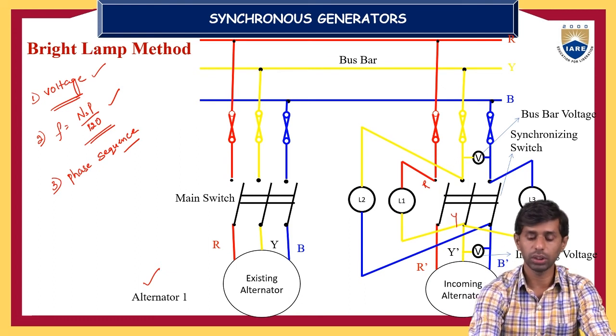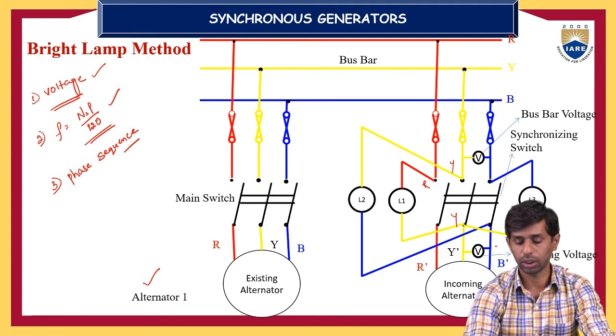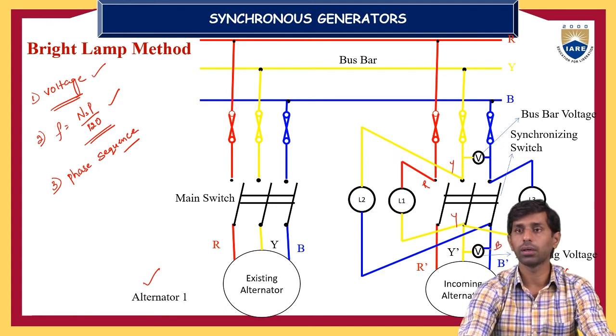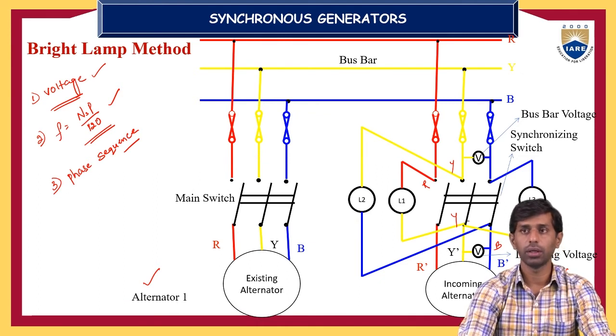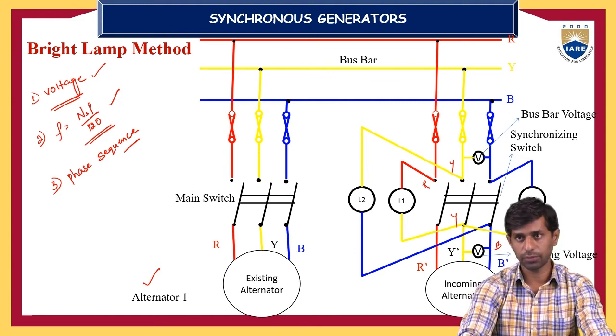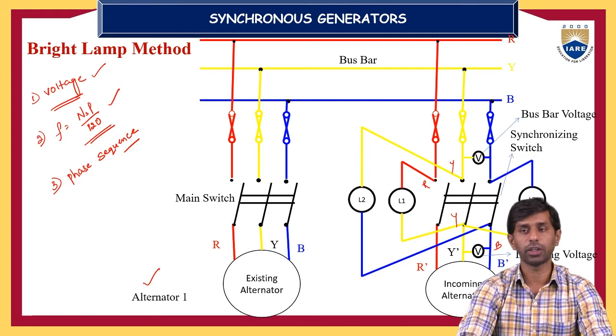Similarly, lamp 2 is connected between the Y phase of the bus bar and the B phase of the incoming alternator, and lamp 3 is connected across the B phase of the bus bar and the R phase of the alternator. This is called a cross connection of the lamps, and with the help of this cross connection, we can sense the middle of the bright period.